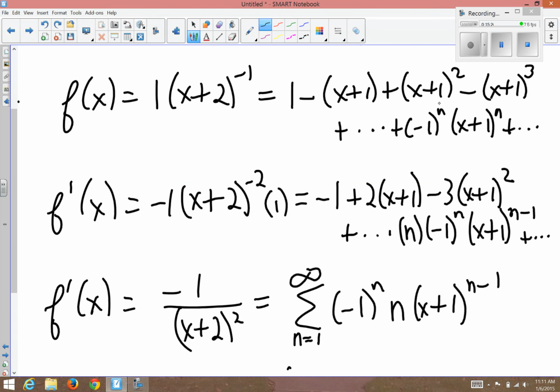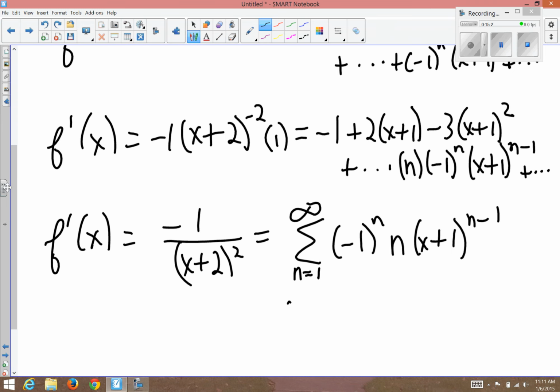Start with a function that has a specific interval of convergence, which we know from exercise 22. If we differentiate, we get a new function, a new series, but it will have the same interval of convergence as the original. So the interval of convergence for this series is just like in exercise 22, -2 to 0.